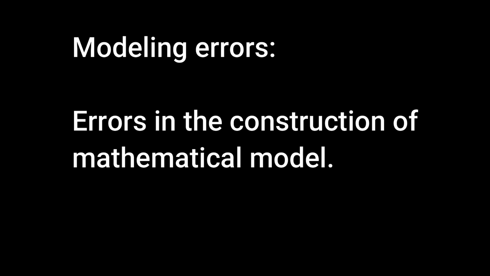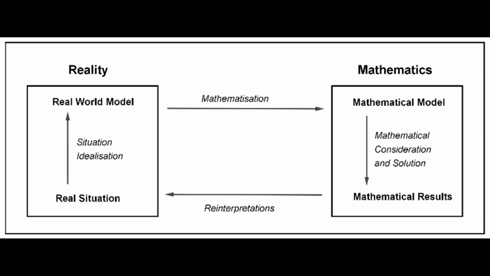You skip some parameters, you skip some conditions or constraints, and then you solve the problem. So you will not get the problem solved, and you cannot relate it to the real life solution. So this lies in the first step of the model, that is, errors in the construction of the mathematical model. Simply, you are not able to transform a real life problem into a mathematical model perfectly. Okay, so this is all about the modeling errors.